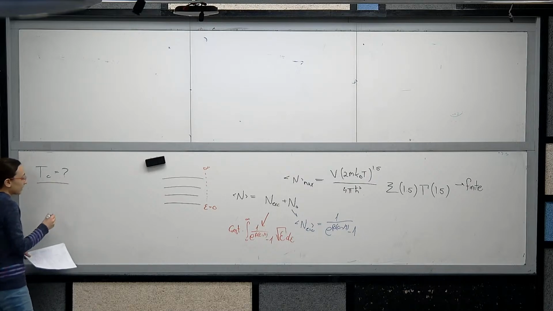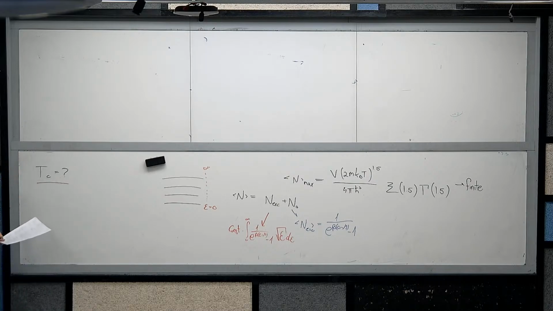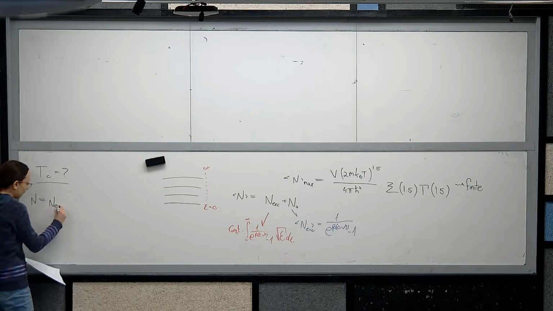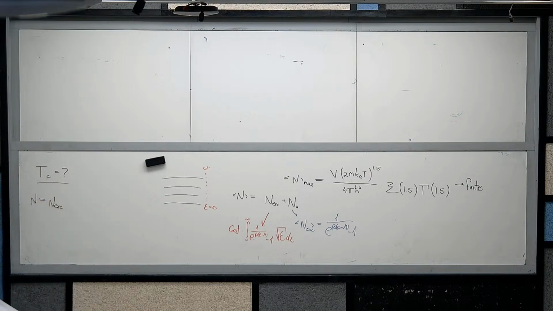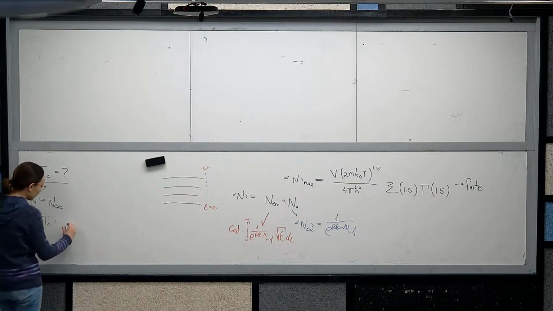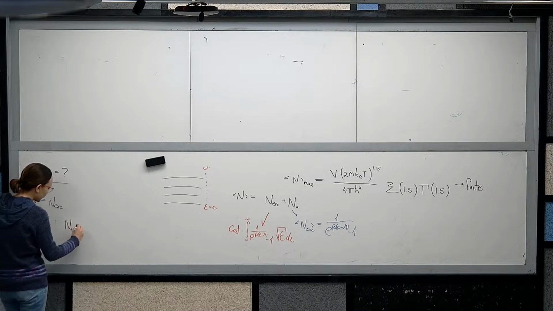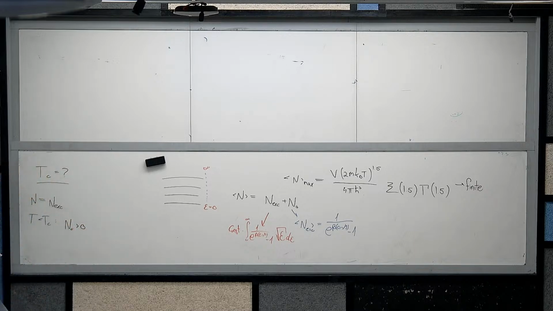We know that at exactly this temperature, the total number of particles in the system will all be in excited states, and for temperatures smaller than this critical temperature, we will see this term of N0. We have particles in the lowest level of the system.